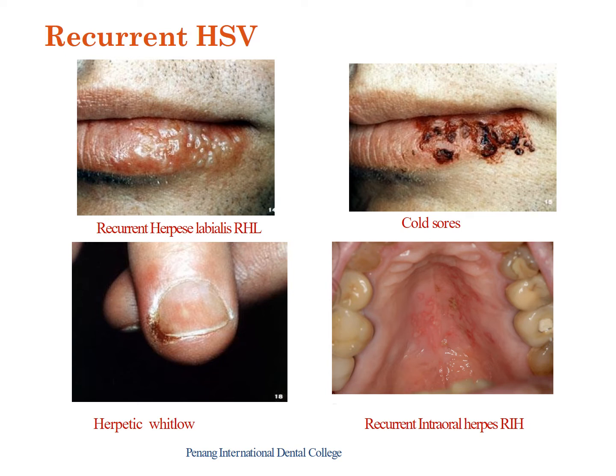In the oral cavity, you could see small ulcers, which is called recurrent intraoral herpes infection. Many times these viral ulcers could be seen only unilaterally, or in some cases bilaterally. But it's important to understand that most commonly the keratinized mucosa is involved. As you're seeing in the picture here, it is the hard palatal mucosa, which is keratinized mucosa, that gets involved.